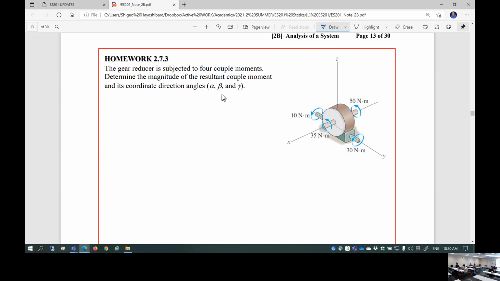So you can determine the direction of the resultant moment. The important thing is to put them in direction cosines.